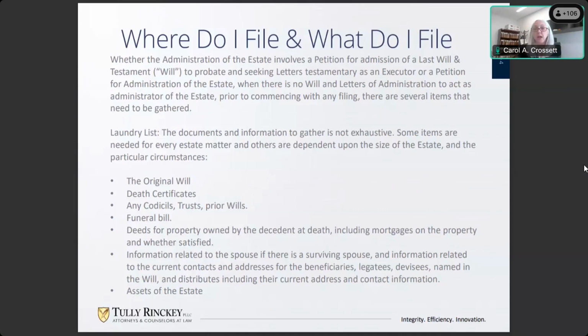And that can also happen in an administration when there is no will, again, based upon the application of the SCPA. Also, it requires a certified copy of the death certificate, and many of the items gathered are really the same and are self-explanatory.